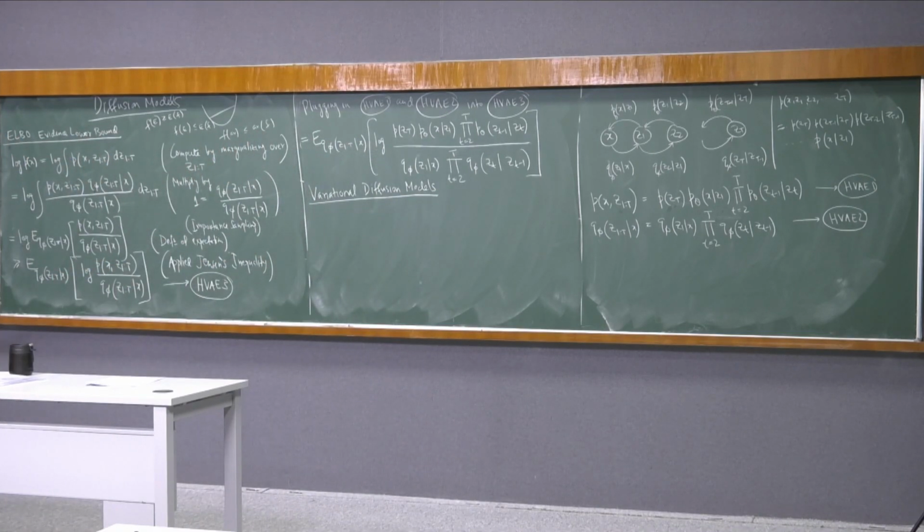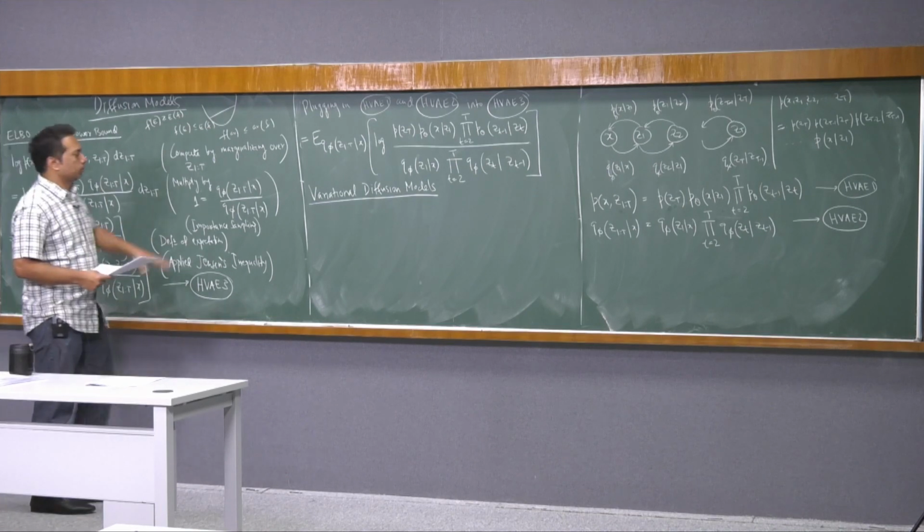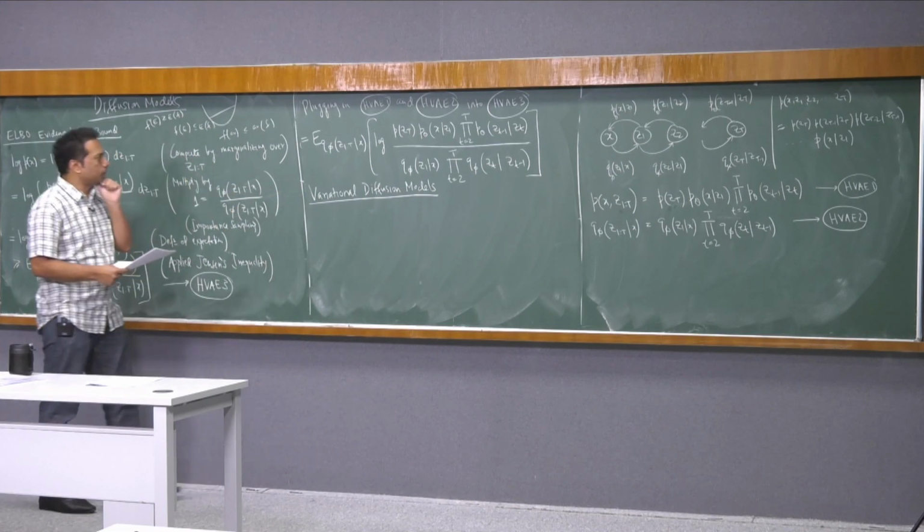From the hierarchical variational autoencoder and this formulation of the VAE, 2-3 papers proposed varying ideas based on this.